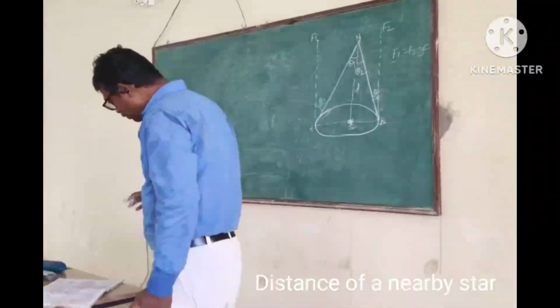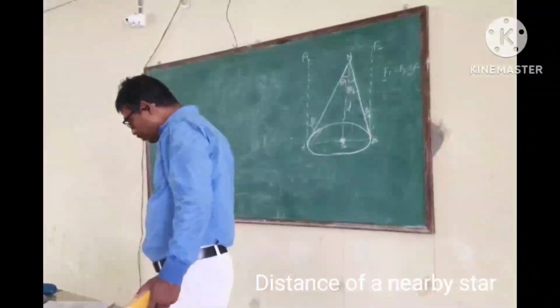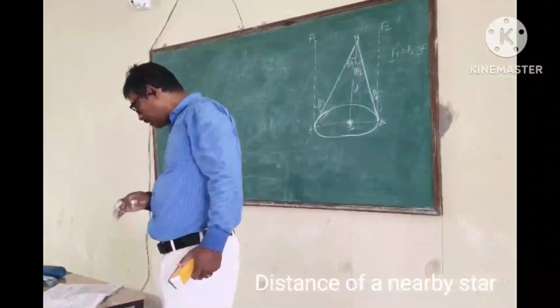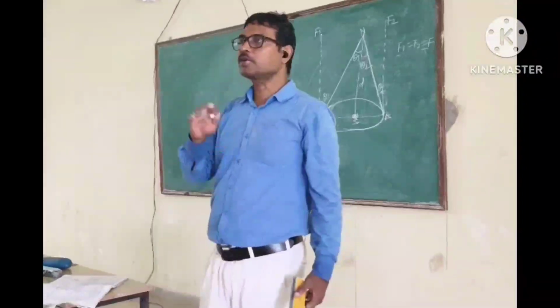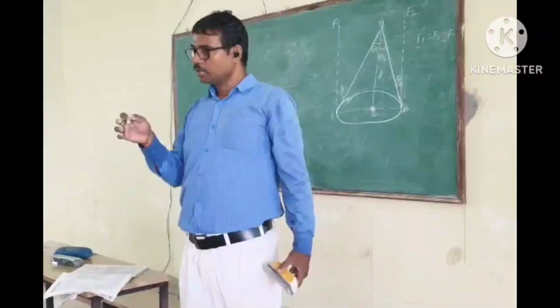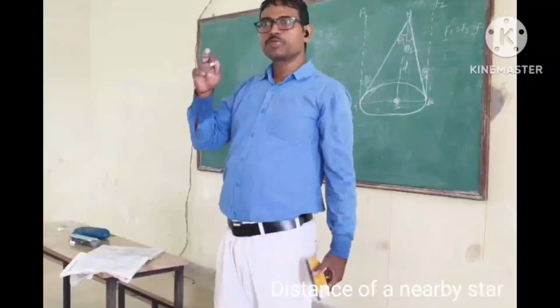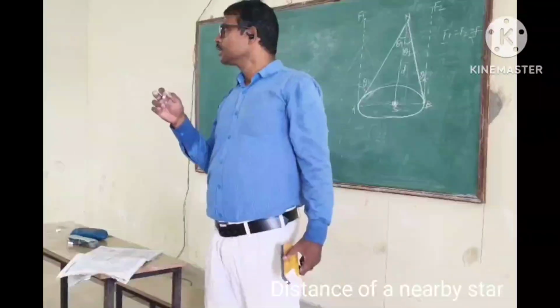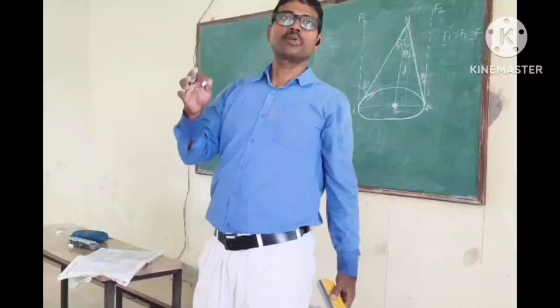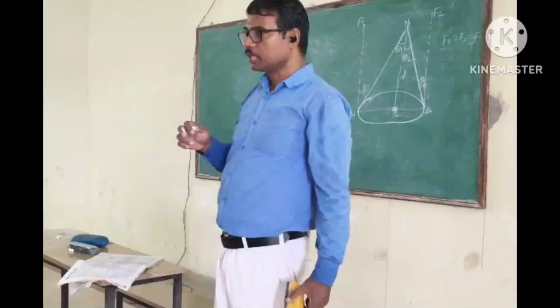Its direction and position is fixed for all positions of the Earth in its orbital motion, according to Kepler's law method. So you know every planet moves around the Sun in such a way that the Sun is situated at one focus. That is the law of orbit, Kepler's law.